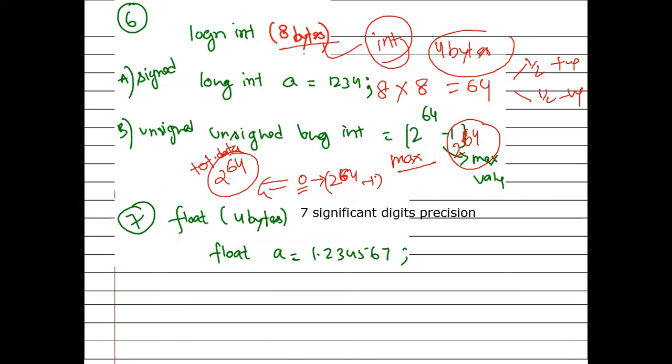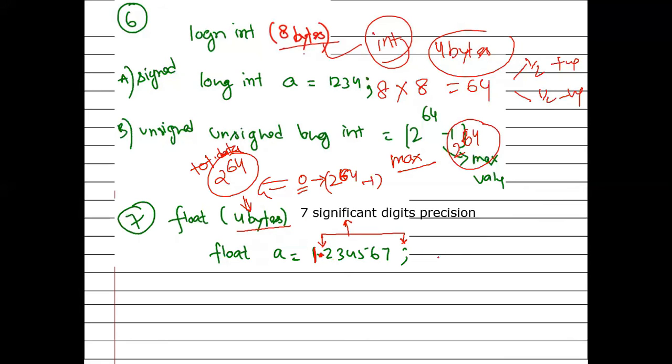Let's discuss float. Float is where we are going to use the decimal point. But with the float, if it is going to store the value in 4 bytes, it means it has some precision digits. Precision means it will only give you the correct answer up to certain digits, in this case 7 digits.